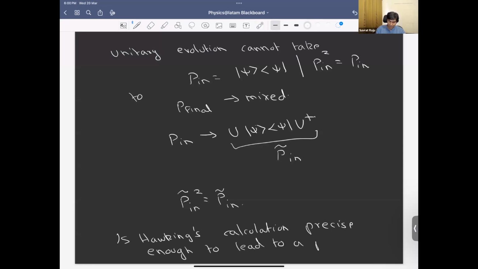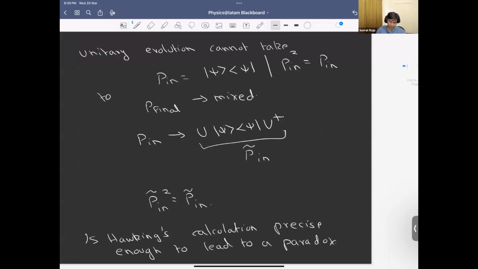I want to take a bit of a detour before I do that, and give you some material on statistical mechanics. I want to ask a slightly different question, and then we'll come back to whether Hawking's calculation is precise enough. The question I want to ask is: how close are pure states to mixed states?